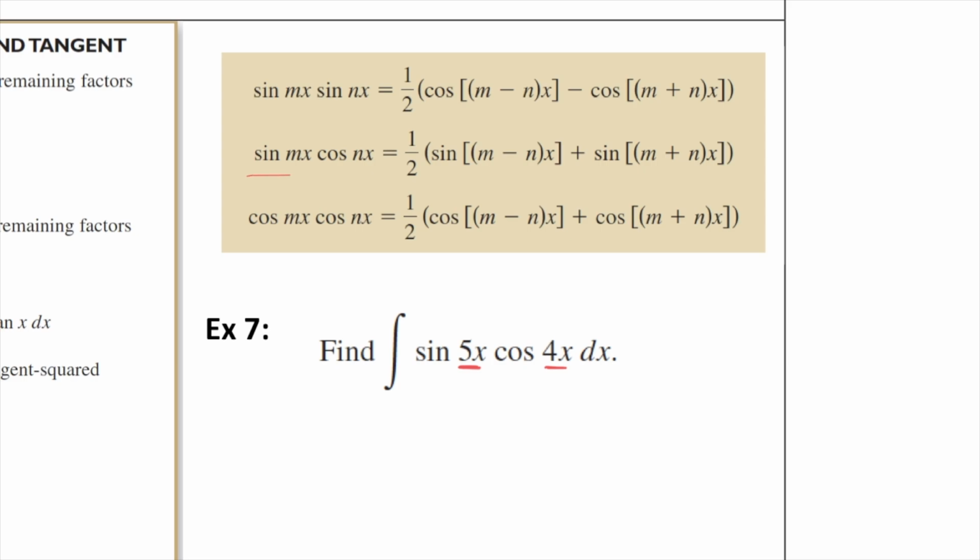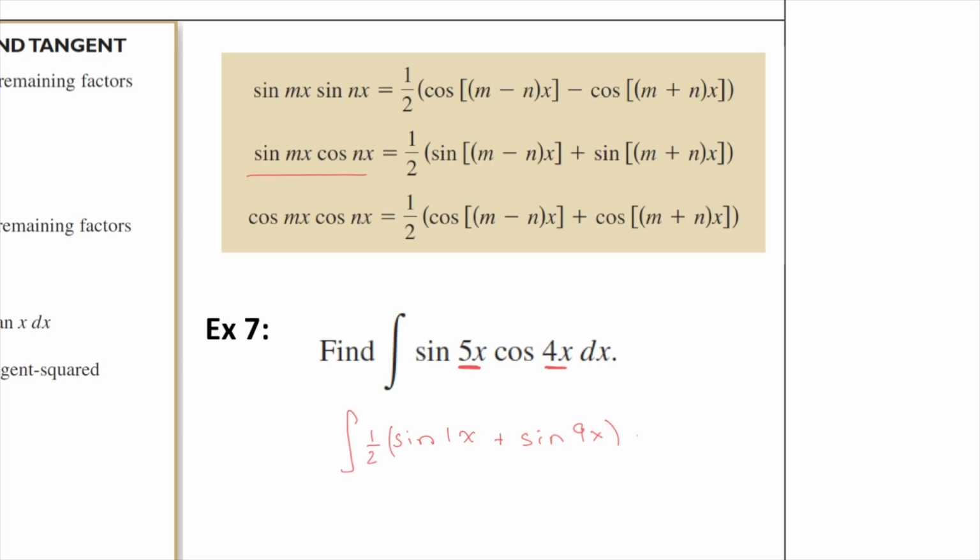Fortunately for us, we have other identities that we can use to rewrite our problems. And these are your angle addition formulas and angle subtraction formulas. In this case, we're going to take m minus n, so that will be 5 minus 4, which is 1x. Rewrite that, plus the sine of m plus n, which makes it 9x.